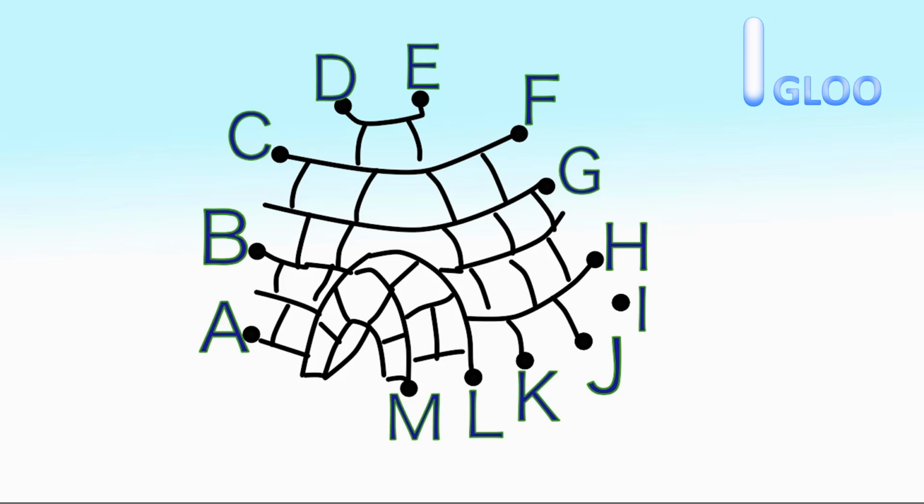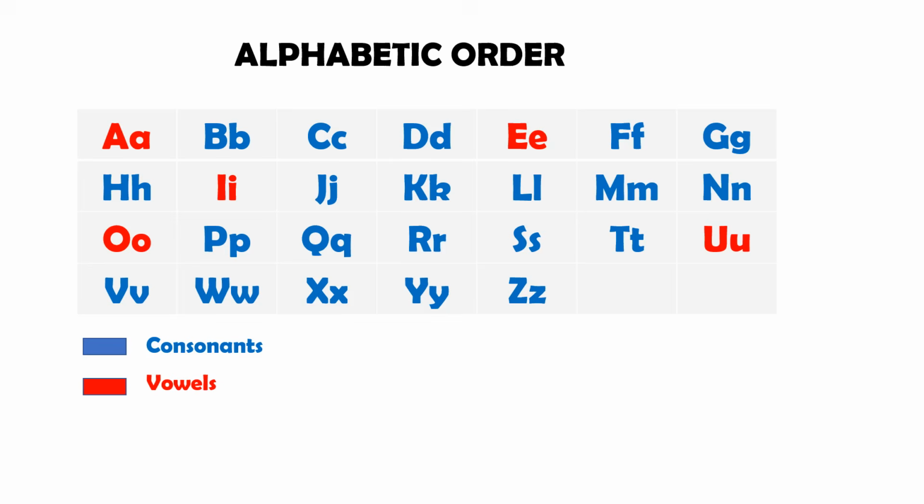Do you remember the join the dots game? This is the perfect way to learn the alphabetic order. It is important that when you learn the 26 letters, you learn them in the alphabetic order.